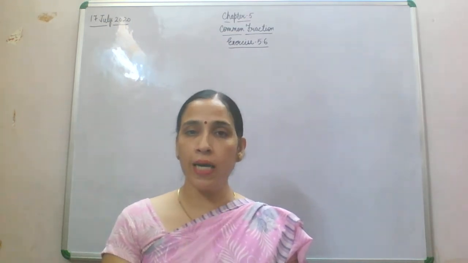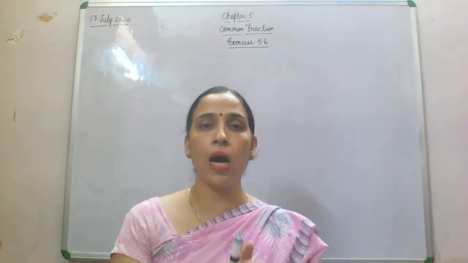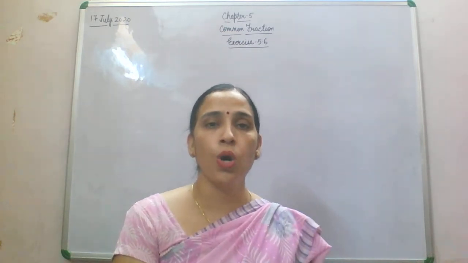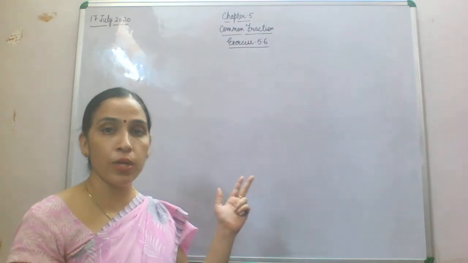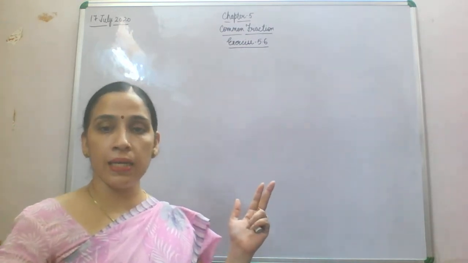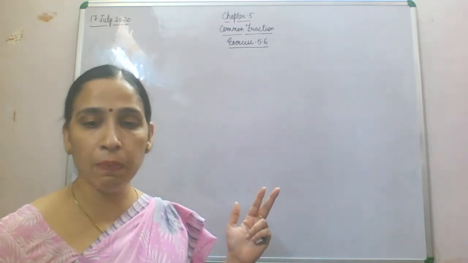And if you get the answer in an improper fraction, then how you can convert it into a mixed fraction. So children, let's start exercise 5.6. I'll take the first question, that is multiply.